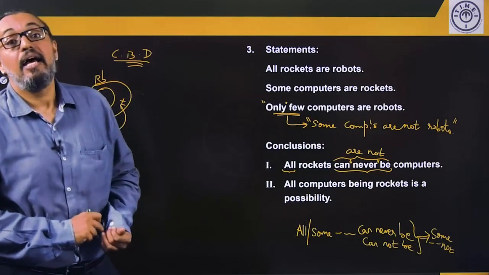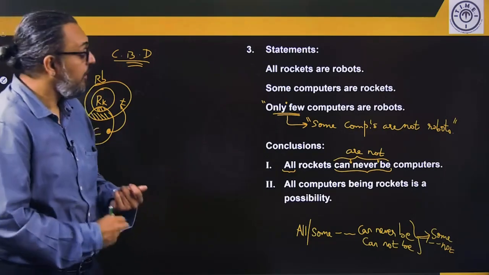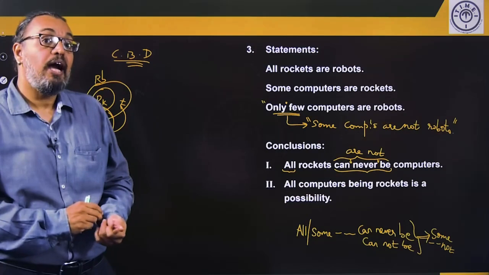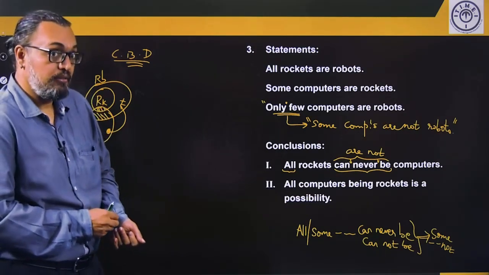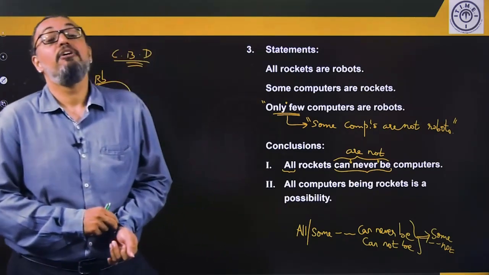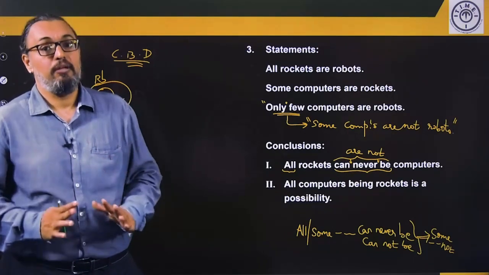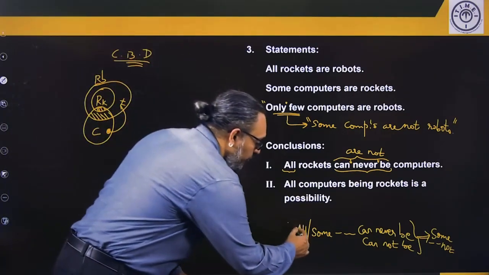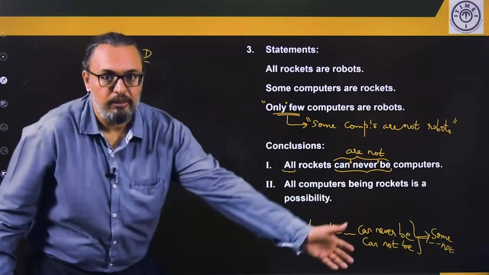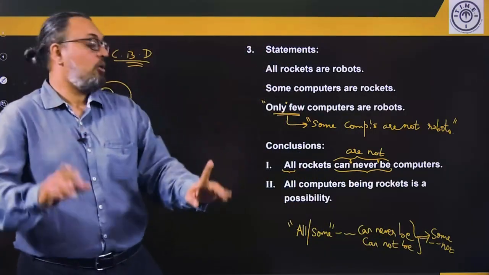So all can never be or all cannot be should be identified as some not. It's a negative conclusion. When you have any quantifier before a negative term, can never be, cannot be, whether you have all or some, it should always be treated as some not.